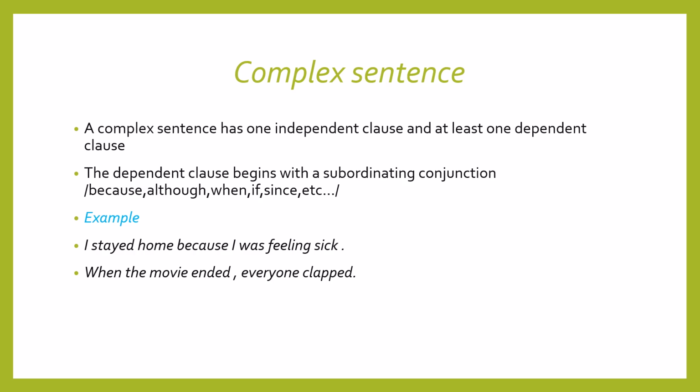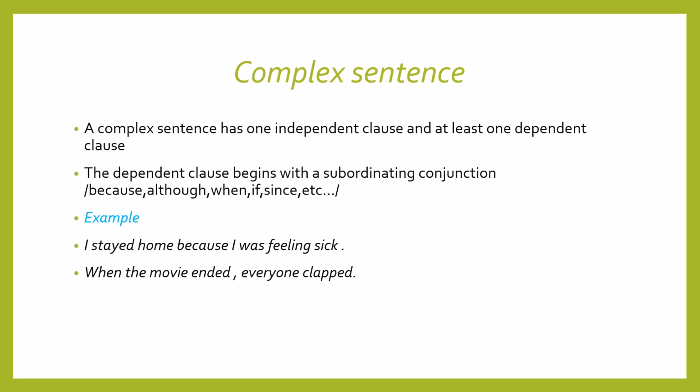Let's see an example to understand more. I stayed home. This is a complete thought. We understand the meaning. I stayed home can stand alone. So this is an independent clause. Because I was feeling sick. Because I was feeling sick is a dependent clause.